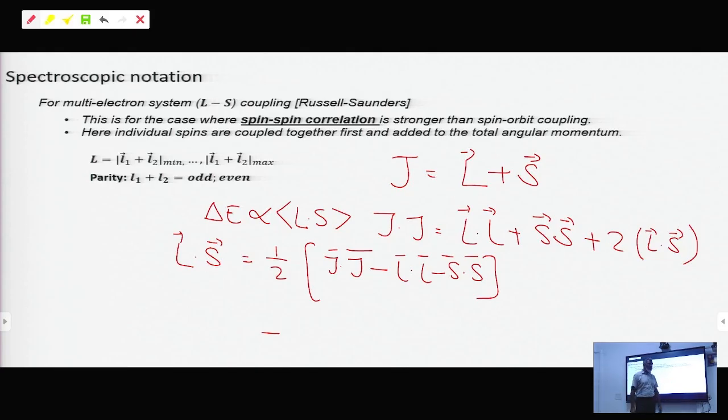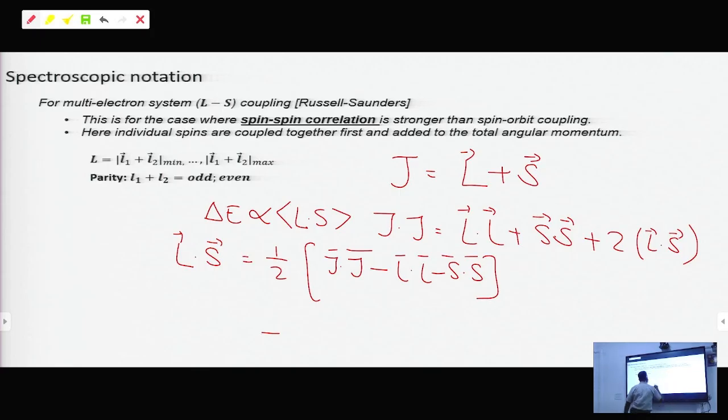Okay? Then what do you need to find out? What we need to write is the eigenvalue of J square. J dot J is J square, right? What is the eigenvalue of L square?